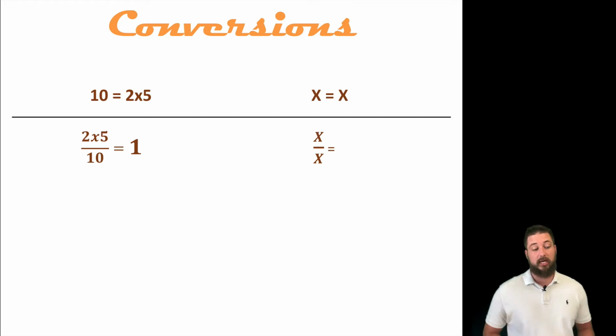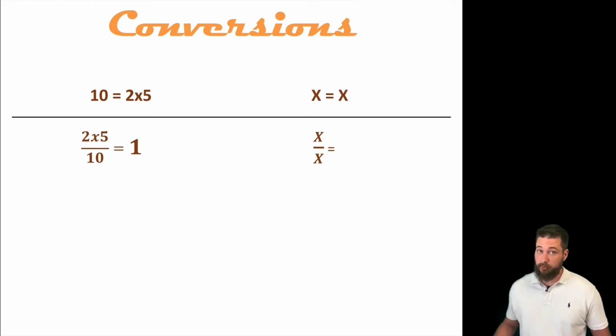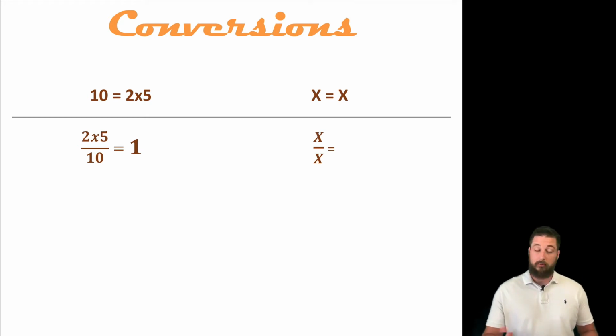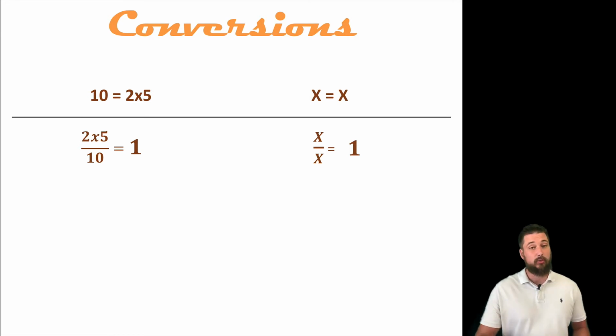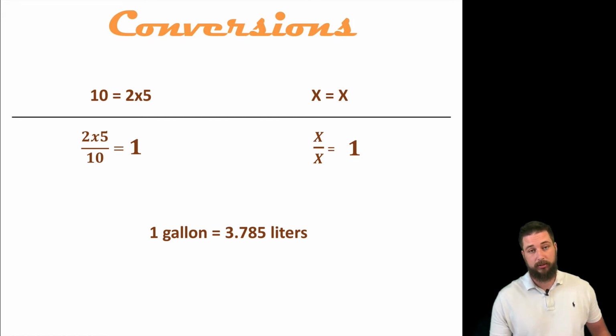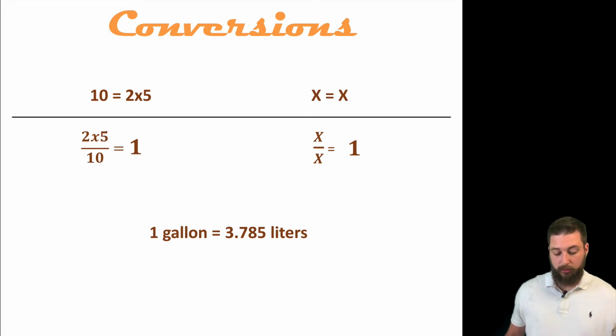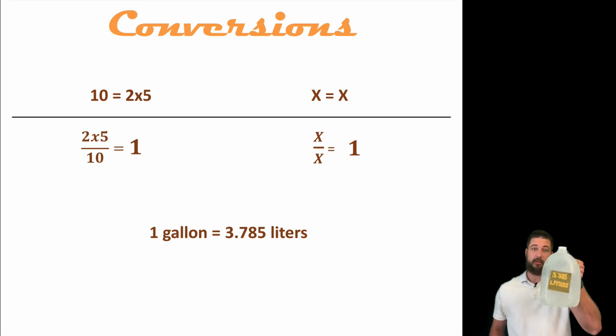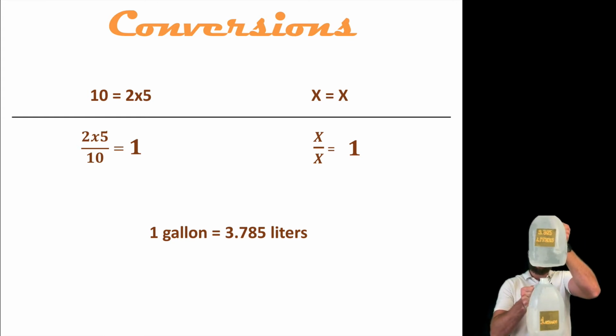Let's go ahead and think about if x is equal to x. I mean, that's pretty obvious as well. If you take x and you divide it by x, what does that equal? That equals 1. Well, what about 1 gallon is equal to 3.785 liters? Well, what if you took your 3.785 liters and you divided it by 1 gallon?